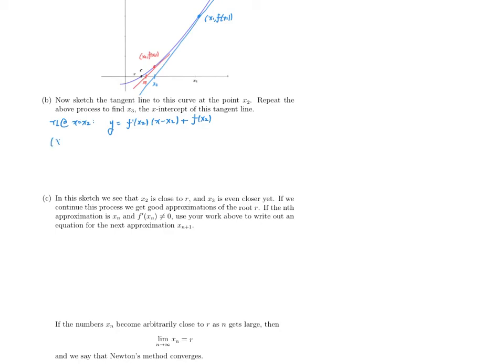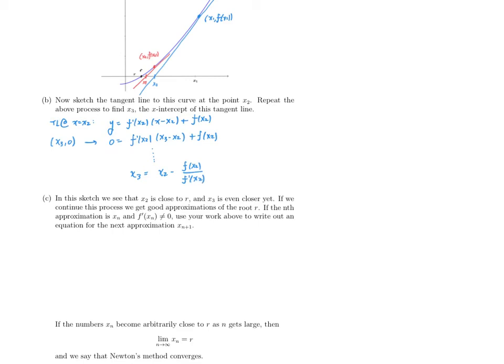So we know that x3 comma 0 is a point on this line. So 0 is equal to f prime of x2 times x3 minus x2 plus f of x2. And I don't want to recreate all of that same algebra again, but if you were to solve for x3 and follow the exact same steps that we did on the previous page, you would find x3 is equal to x2 minus f of x2 over f prime of x2.